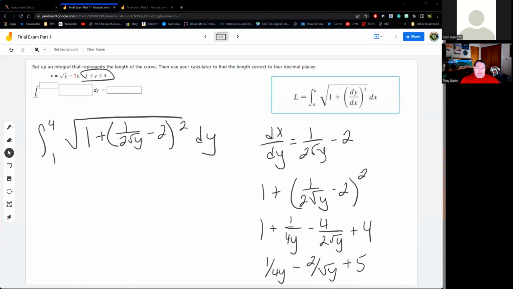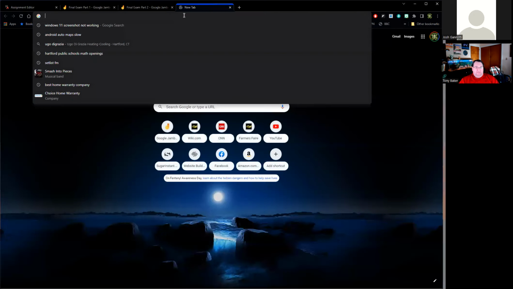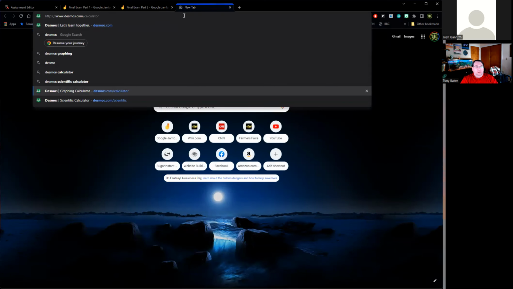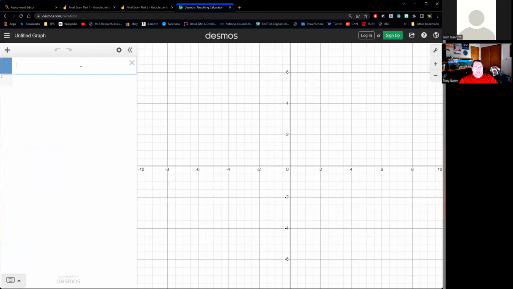So now this one, we have to use the Desmos graphing calculator. If you just start typing integral, it'll come up. So 1 to 4.